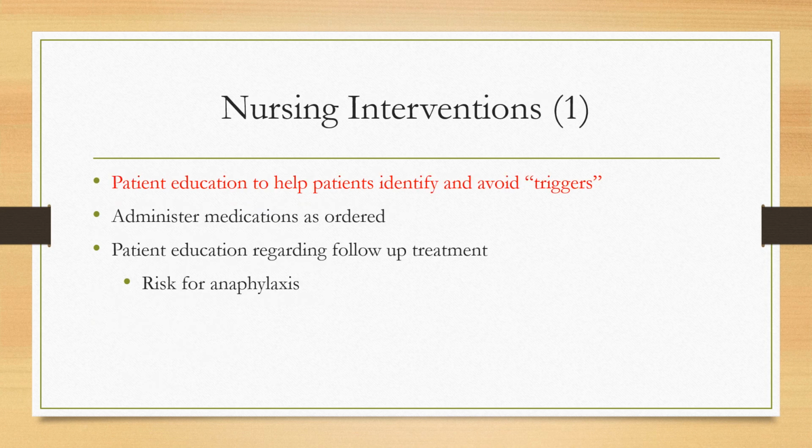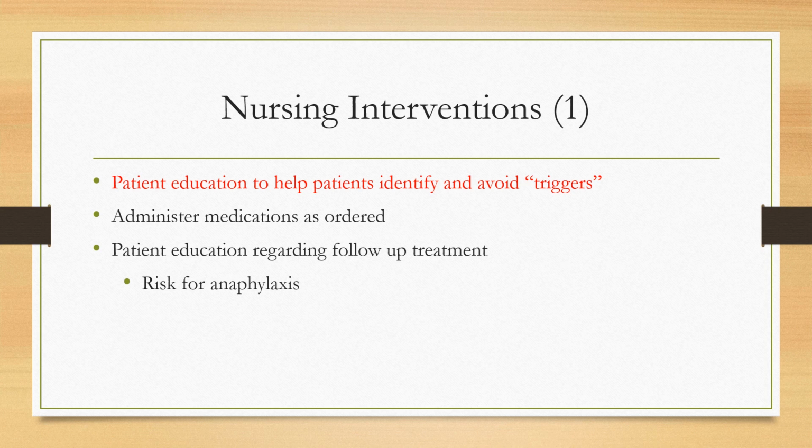Again, lots of patient education to help identify and avoid these triggers. Listen up. These clients will need patient education to help them identify and avoid those triggers. They need to be made self-aware.